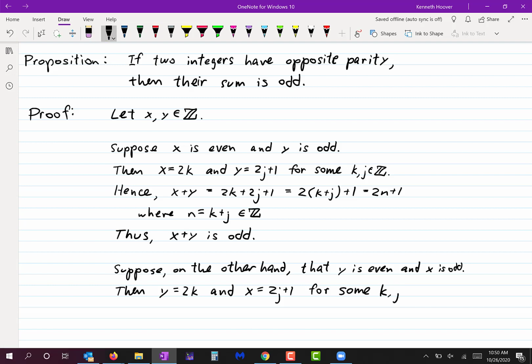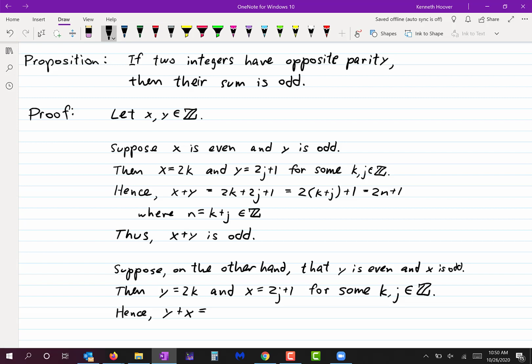Hence, their sum. I can even write y plus x if you want, that's fine. Would equal what?